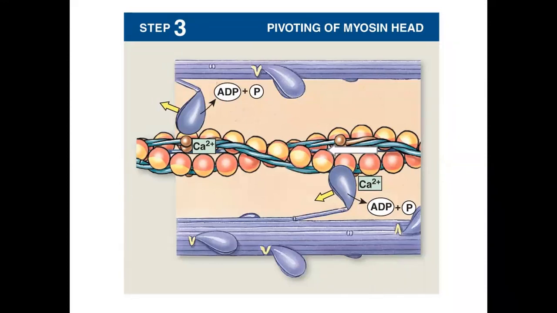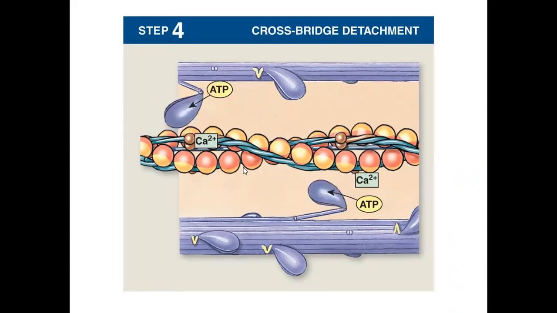So it's like a love-hate relationship. If you bind ATP, I will leave you. So ATP binds myosin head, and actin decides to leave the myosin head. Who is lost at that stage? Nobody.